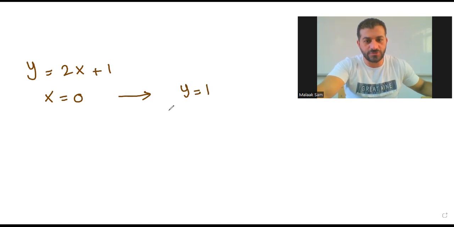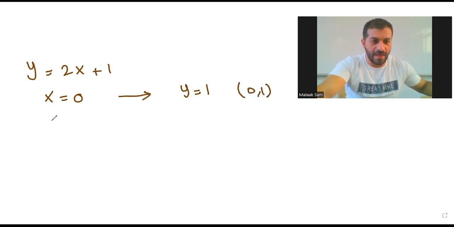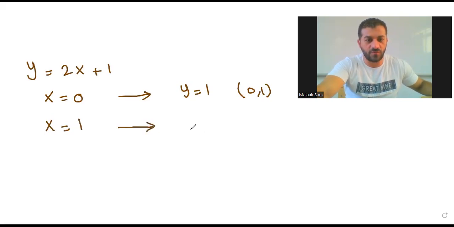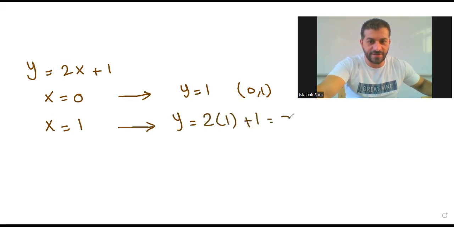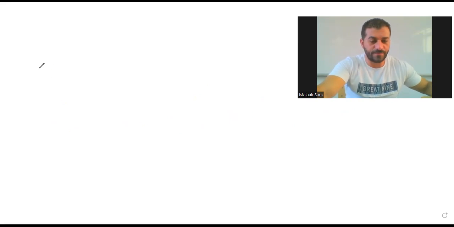So 0 is related with 1, the ordered pair (0, 1). And if x equals 1, for instance, what is the value of y? y equals 2 times 1 plus 1, which is 3. So (1, 3). This is the simple definition of a function.